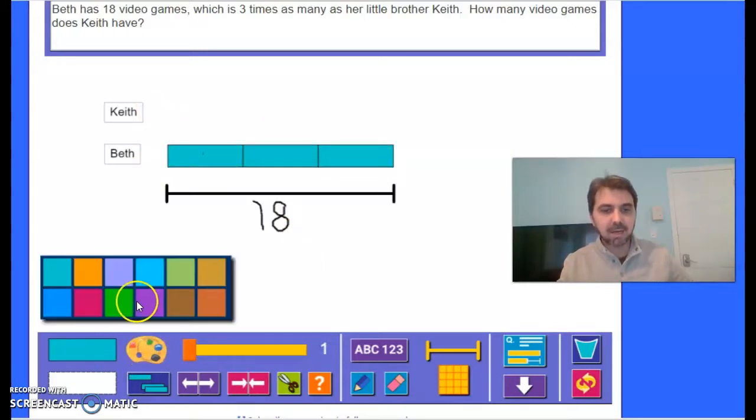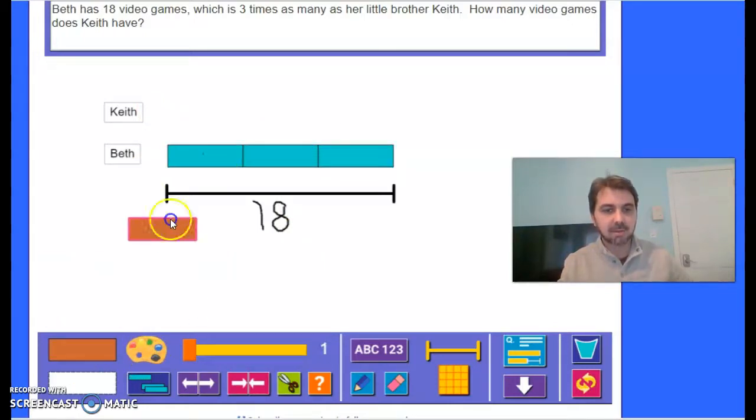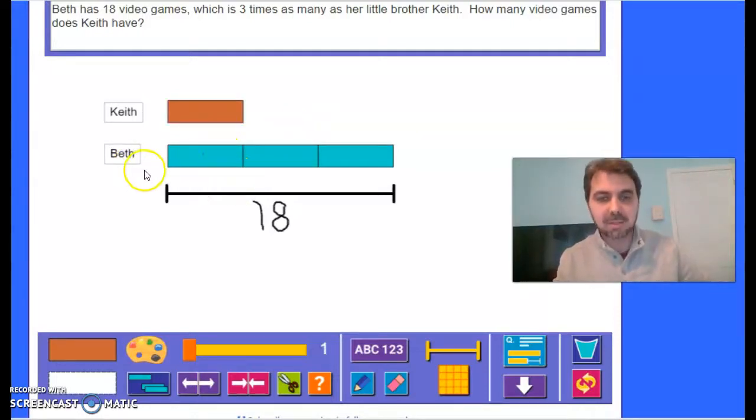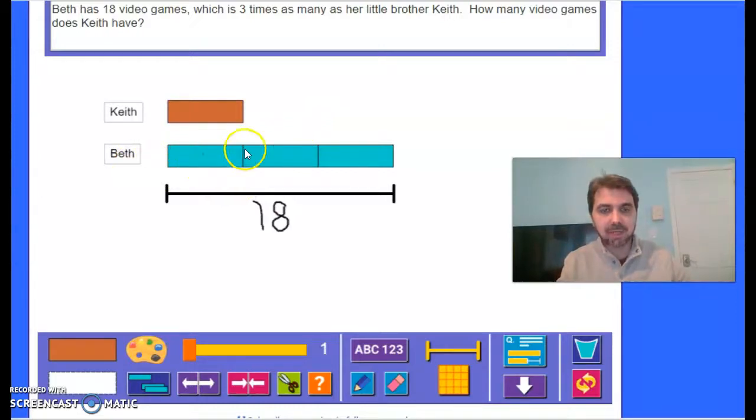So let's put down Keith's. And we'll make it a little bit longer, like that. Okay, so now we can see that Beth's amount is 3 times more, it's greater than whatever Keith is.